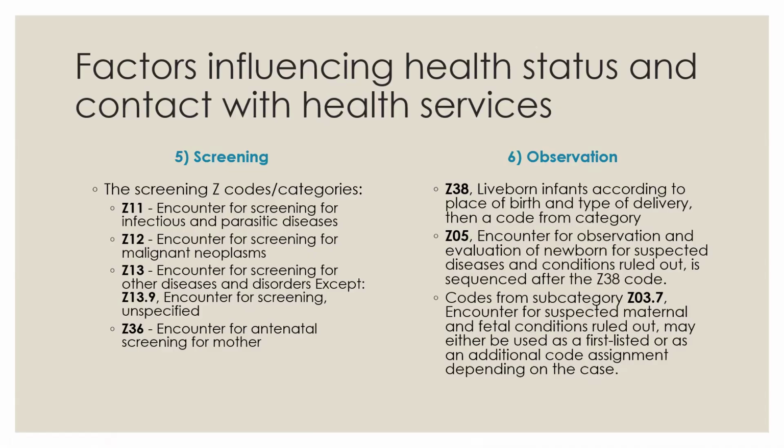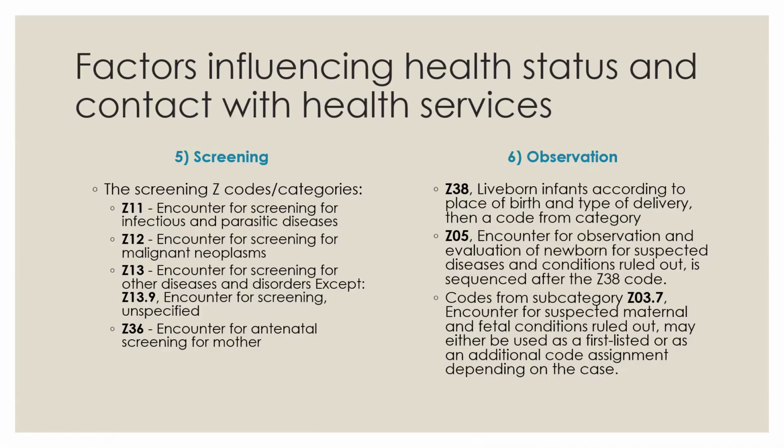So, next up on this page, we have observation codes. There are 3 observation Z code categories. They are used in very limited circumstances when a patient is being observed for a suspected condition that is ruled out. The observation codes are not for use in any injury or illness or signs or symptoms related to the suspected condition being present.